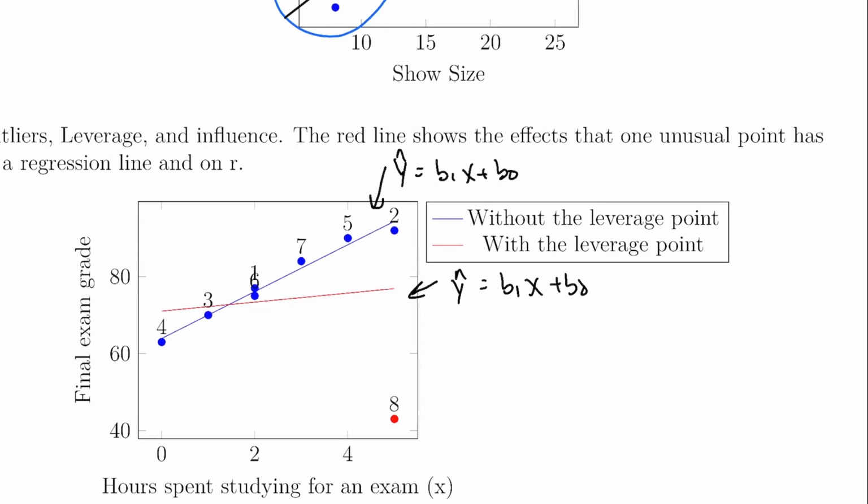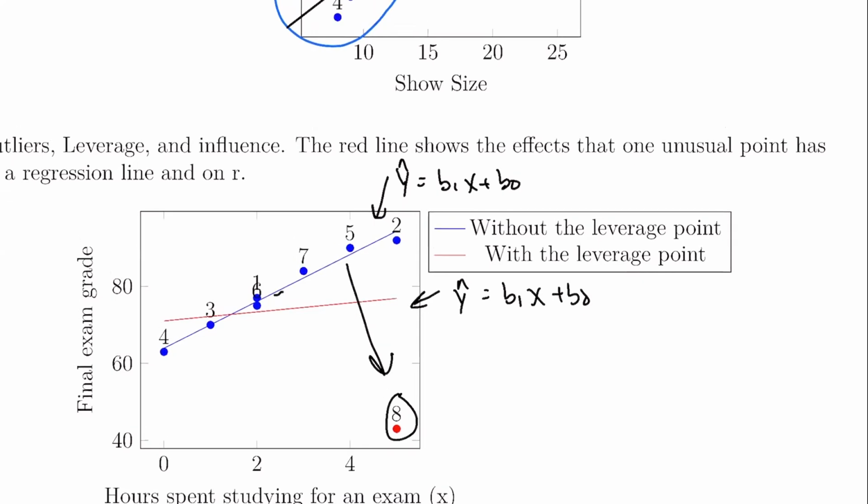So what's happening is this blue line wants to get closer to that red dot, so this line over here is getting drastically closer to it. That's why you always have to be careful with the influential point, because it will drastically change your model and will drastically change your R value.